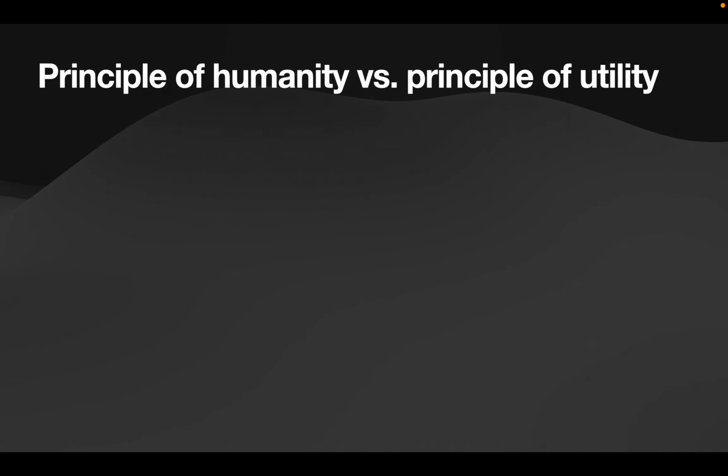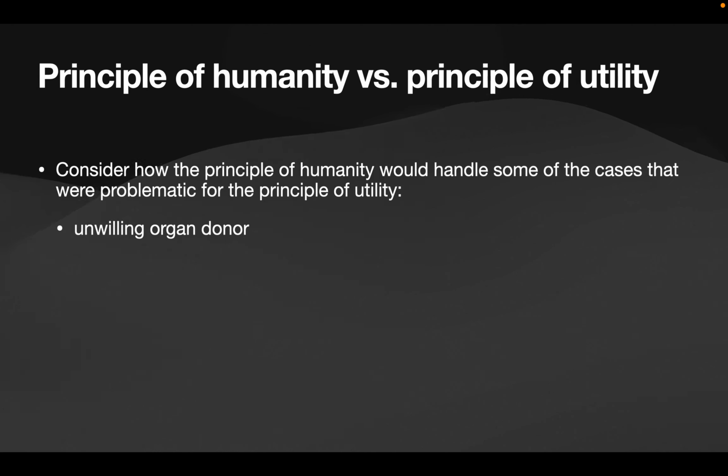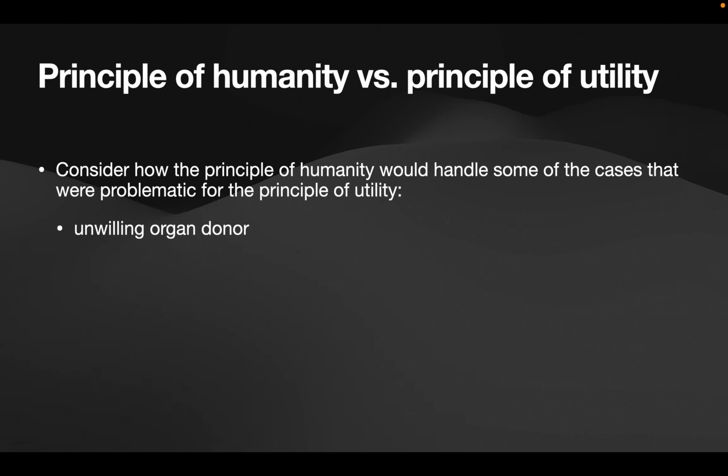So let's finish by considering some of the problematic cases that we raised for the principle of utility. One of them was the unwilling organ donor. So imagine 5 people who need organs, and this one totally healthy person that comes into the doctor, and they happen to be a match, unbeknownst to them, for these 5 people who need organ donations, and the doctor thinks, well, I can just kill this one healthy person, donate the 5 organs to these people in need of organs, and thus save 5 lives.